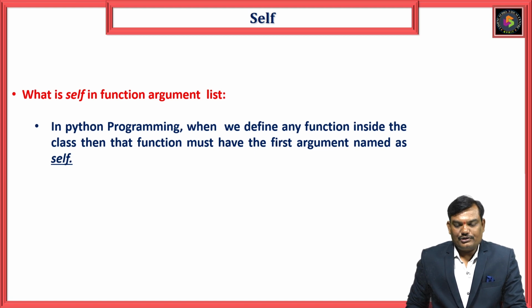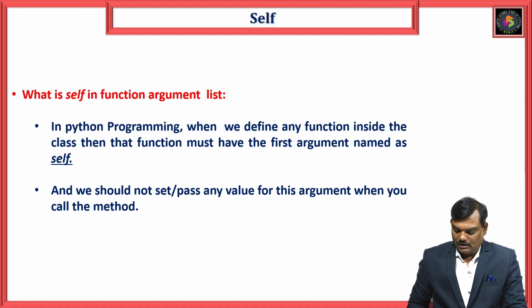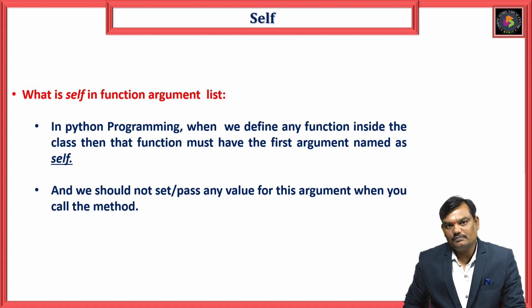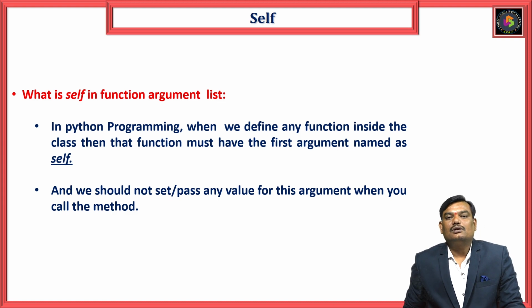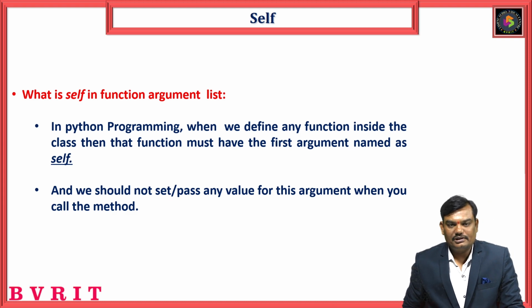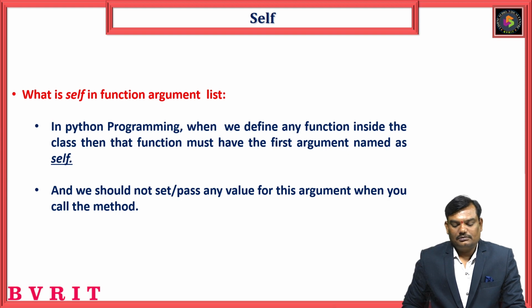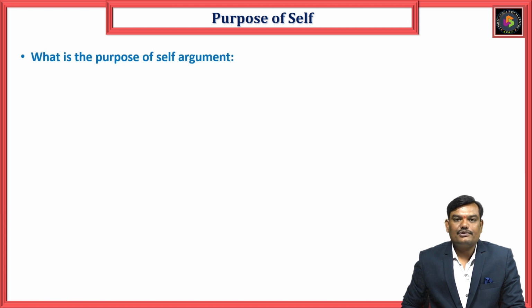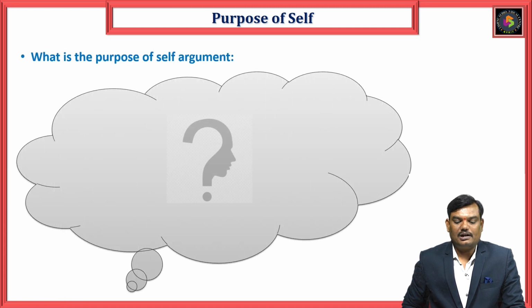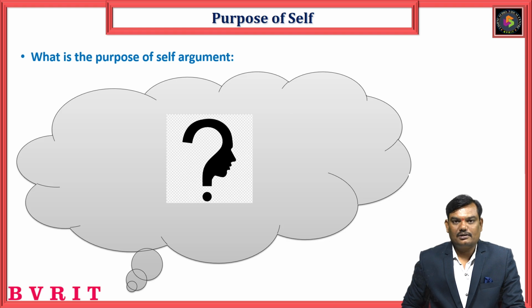Whenever you use this self argument, we should not set or pass any value for this particular argument. When you make a call to a function inside a class, there will be a self parameter, but you need not pass any value for it, and you should not set any value for it.